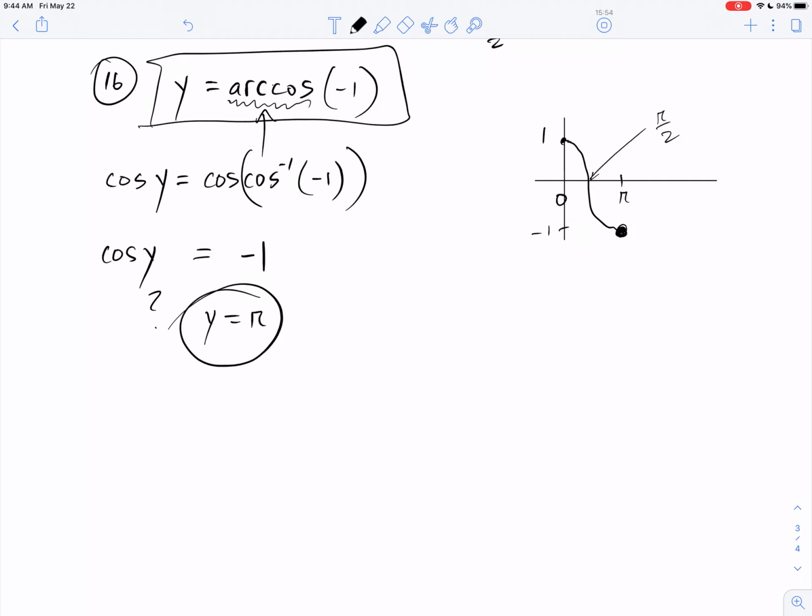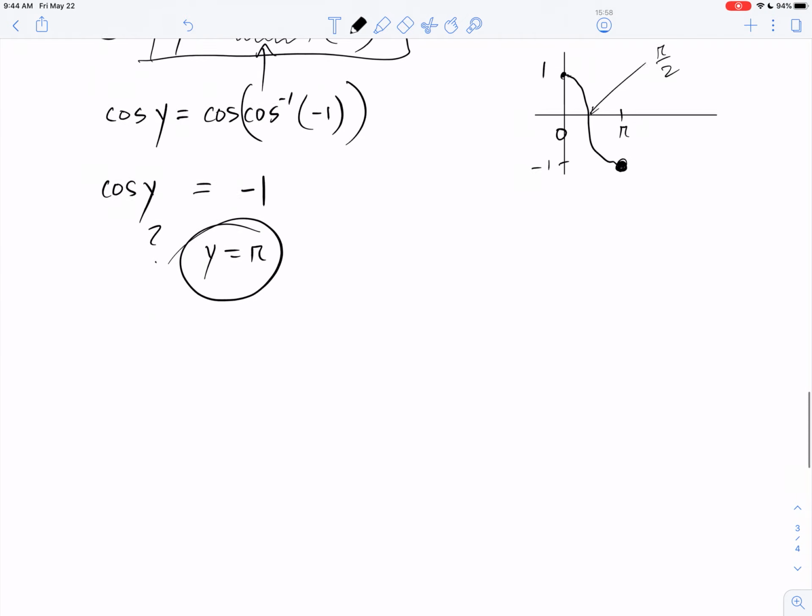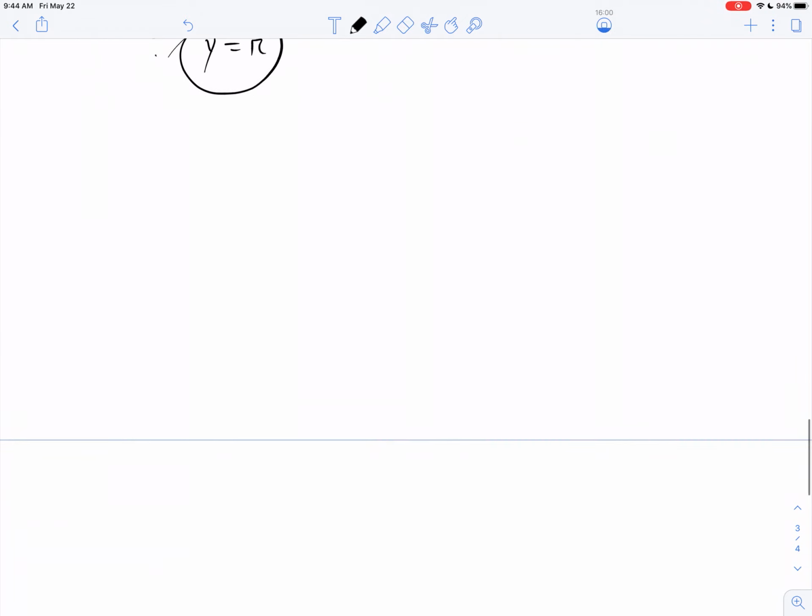So let's take a look at another one. I'm picking one at random here, number 20, y equals tangent inverse of -1.